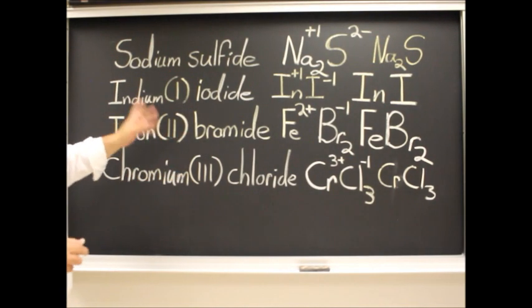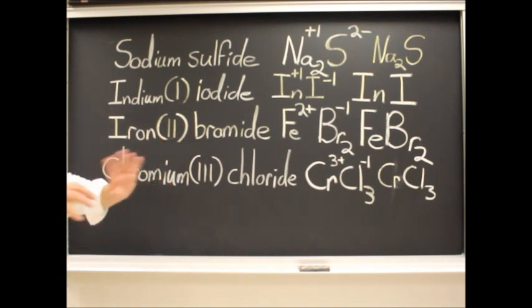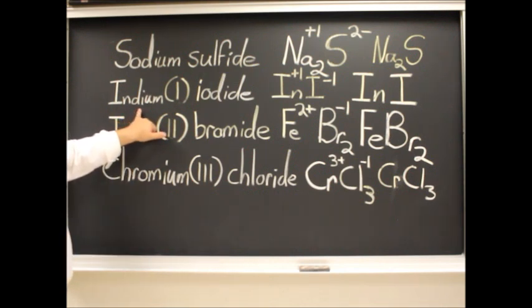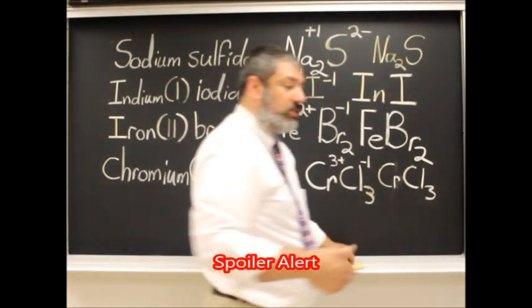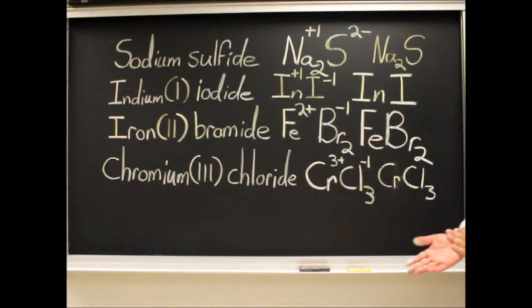Okay, yeah, sure, I'll remember them. But if you don't do it yourself without looking at your book or having somebody tell you, you might forget what the symbol for sodium is, or indium, or some other element. So take the time, get used to looking at the periodic table, symbols and names, names and symbols, get used to them, as well as the charges. And the only way to do that is by practice.